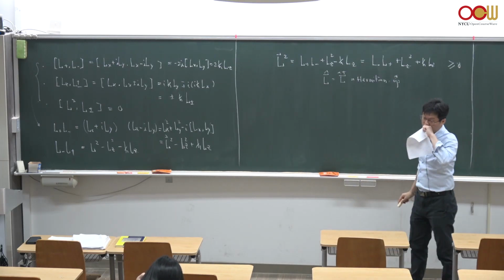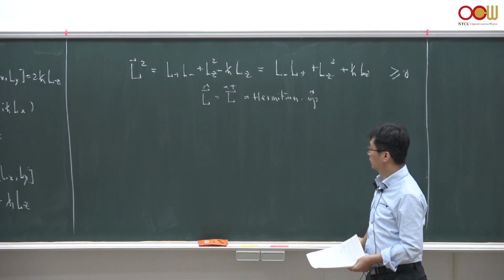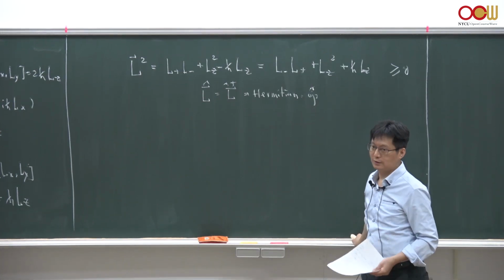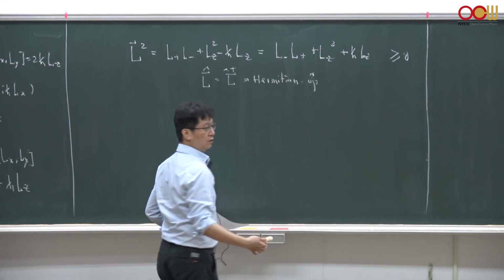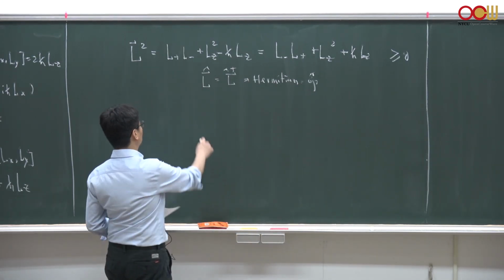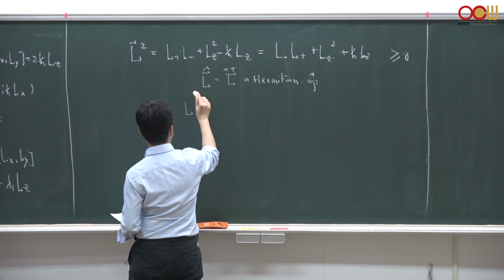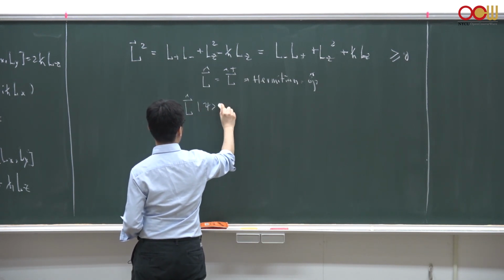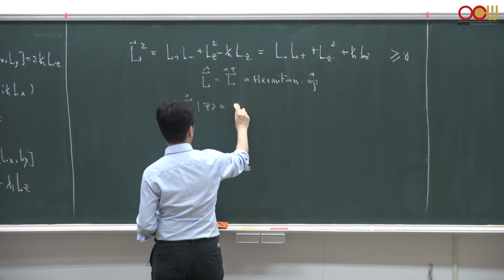So any Hermitian operator should have real eigenvalues, right? But L squared should have the square of the real eigenvalues, right? So suppose L acting on some state gives you some eigenvalue, whatever.